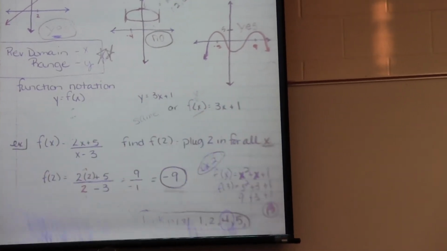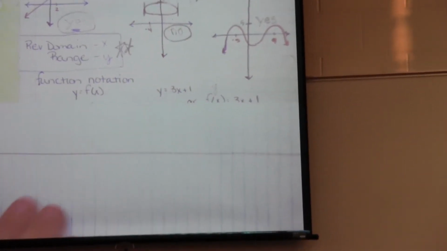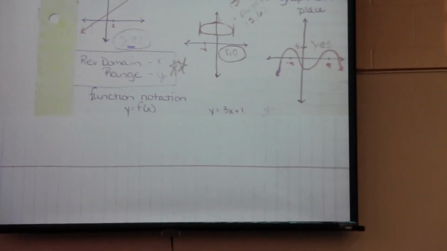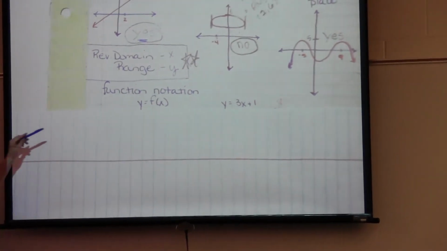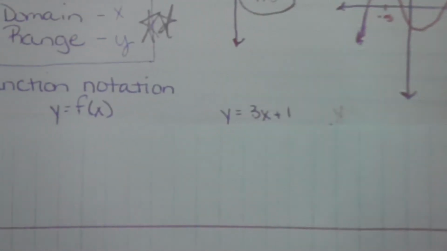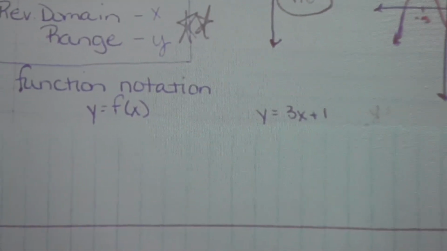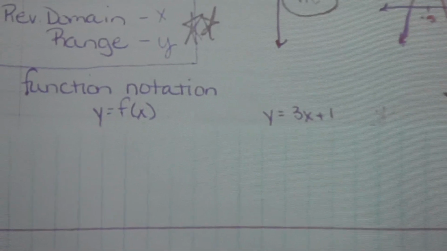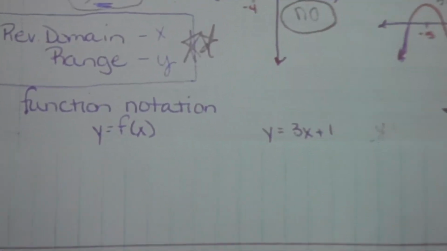Take a look at an example. When we talk about function notation, and we write it like this, y equals f of x. So it doesn't matter if you say y equals an equation, or if you say f of x equals an equation. It means you're solving for something, okay? So y can be used interchangeably with f of x.